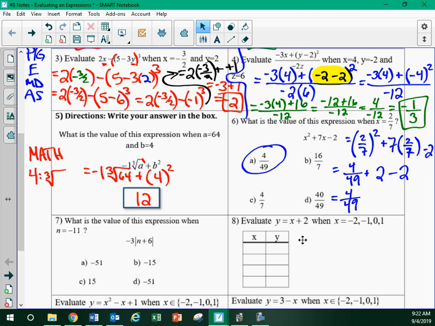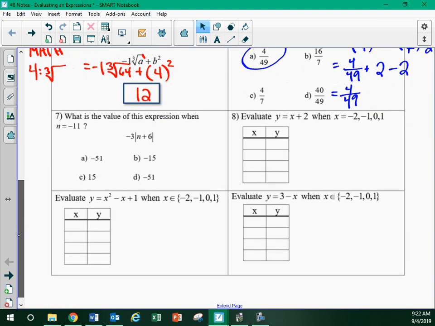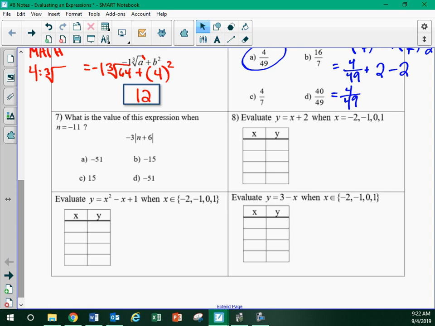Okay, I want to go ahead and take a look at number 8, because 8 and then the bottom two, which apparently don't have numbers on them, should have been 9 and 10. They're similar in how we go about it. So it says evaluate y equals x plus 2 when x equals negative 2, negative 1, 0, and 1.